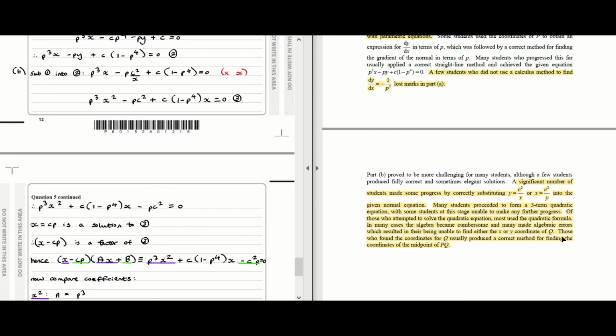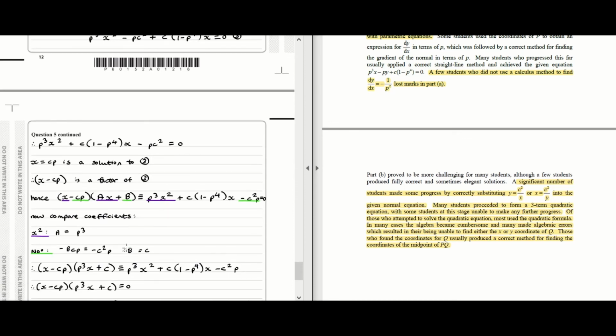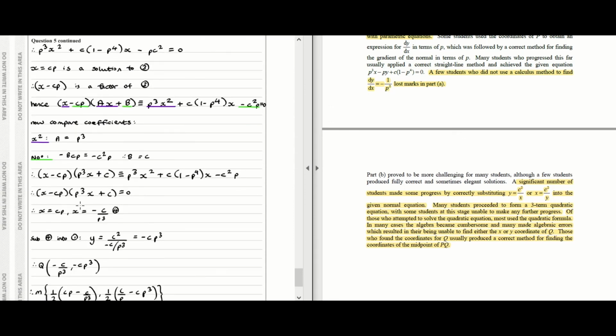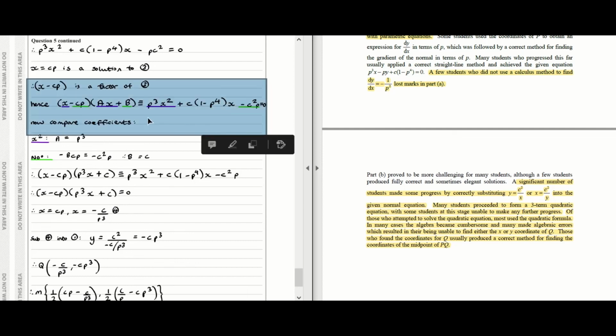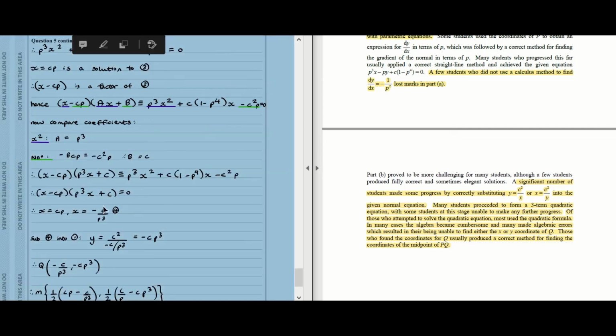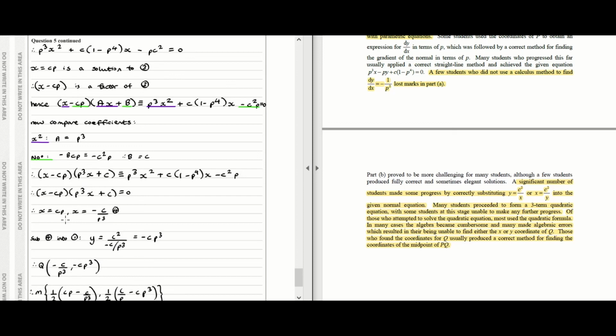Those who found the coordinates of q usually proceeded to find a correct method for finding the coordinates of the midpoint. So I think the real issue over here was actually finding the other coordinates of x and y. But I think if you use the method I say, or really practice your algebra to use the quadratic formula, then you can quite easily arrive at the correct answer.